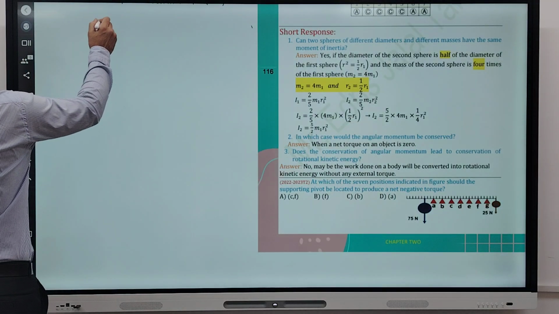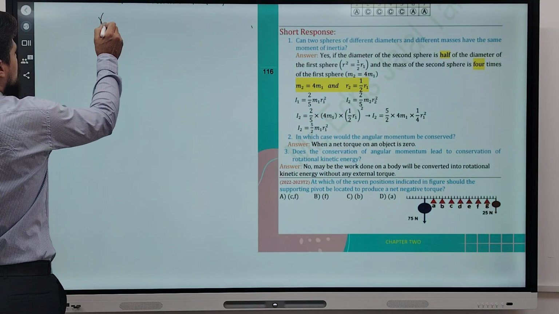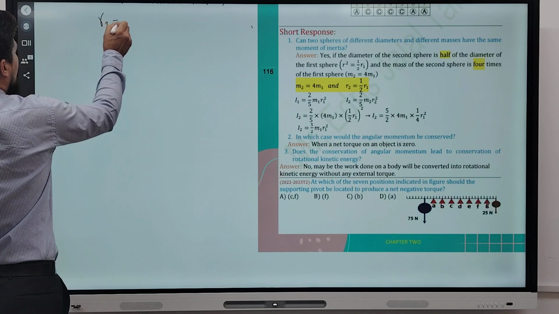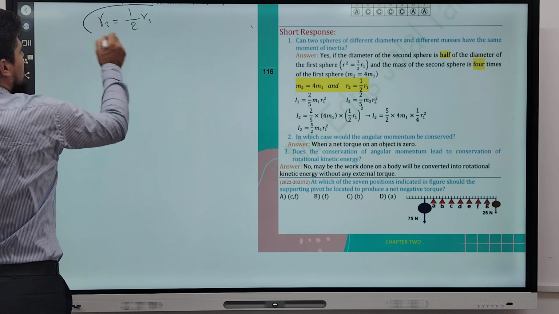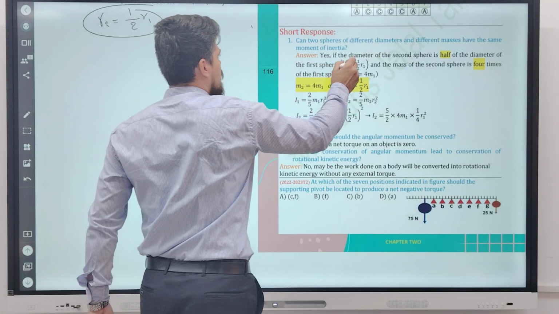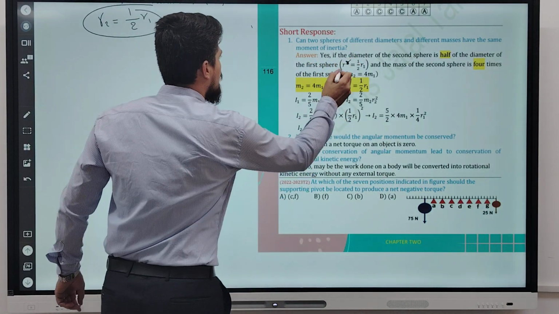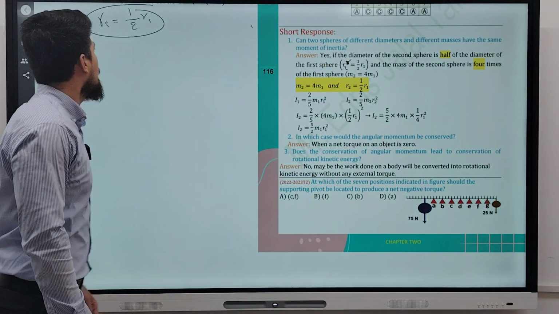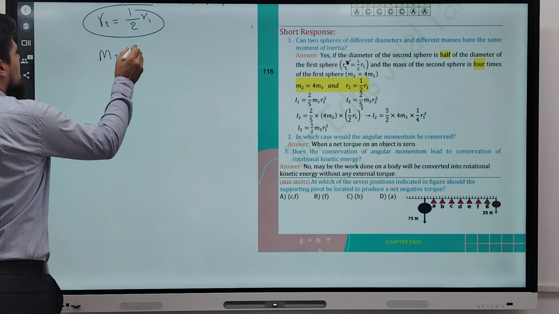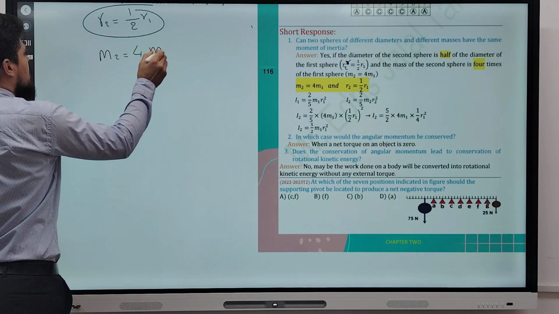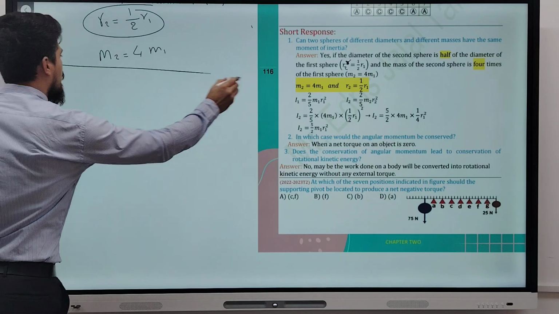So it means that if R2 is equal to half of R1, this is not squared, and M2 is equal to 4 times M1.